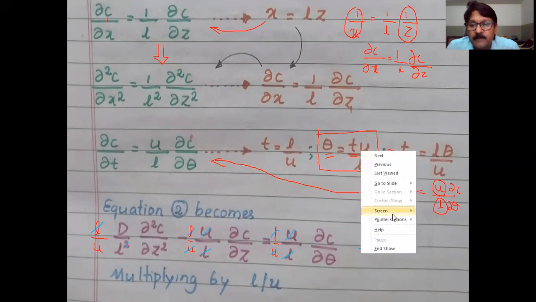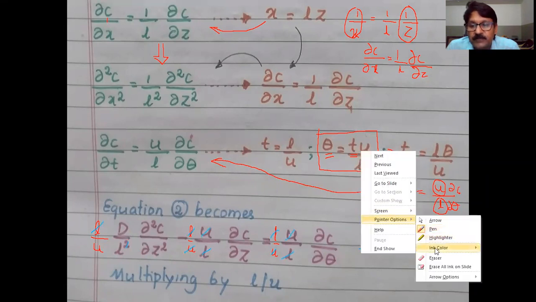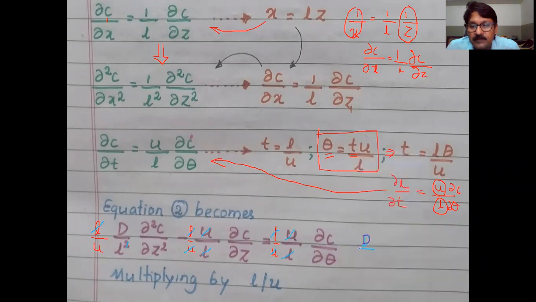Take some other color. D by uL, ∂²C/∂Z² minus ∂C/∂Z is equal to ∂C/∂θ.